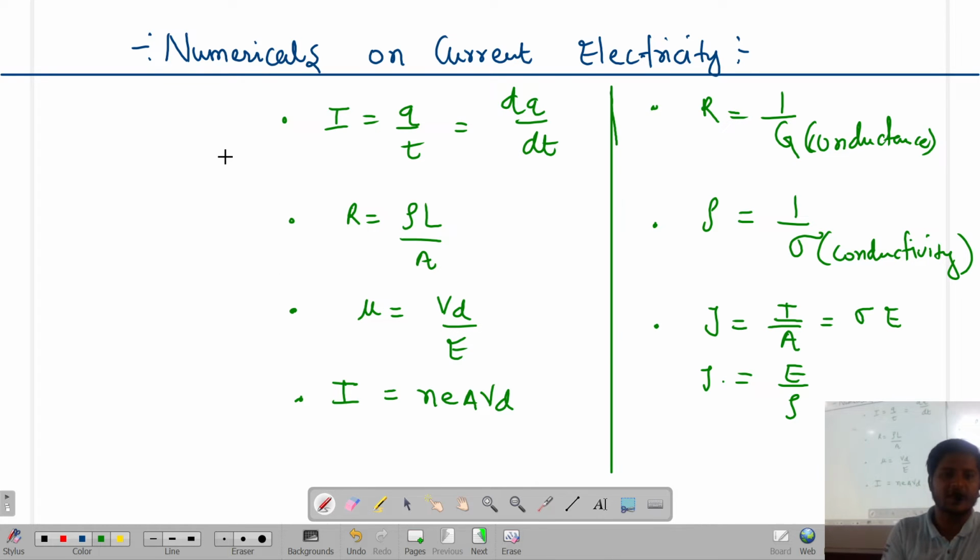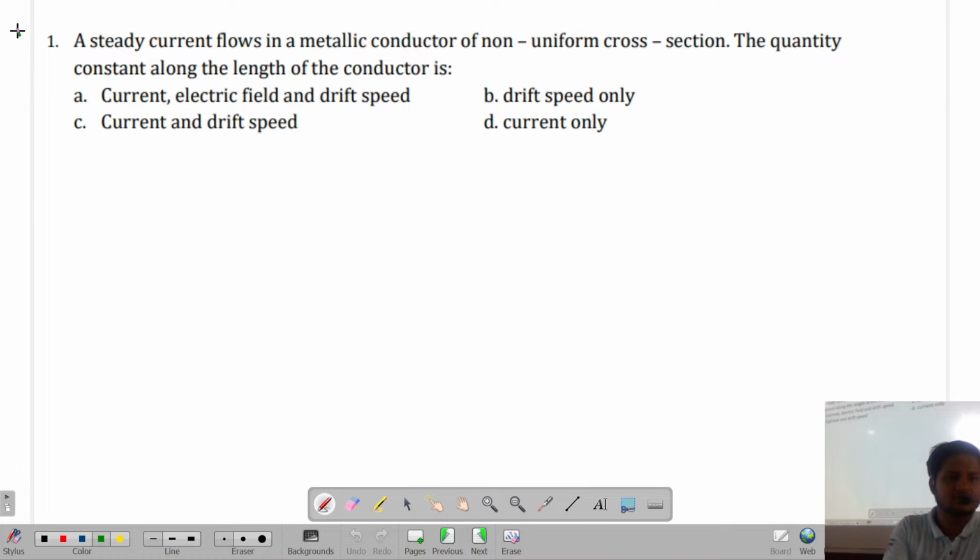All these 7 or 8 formulas cover 90% of the problems in the question paper. So I'm starting the first question.